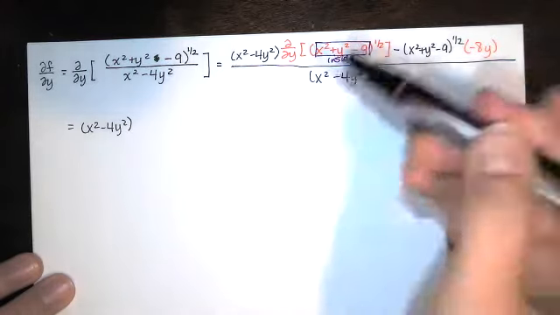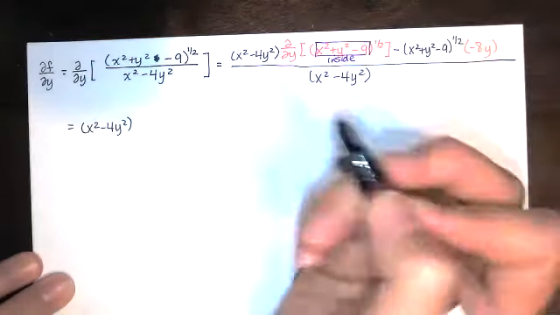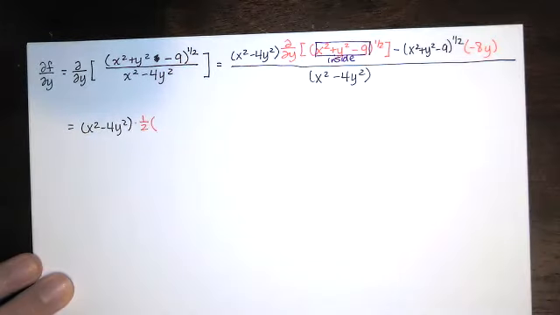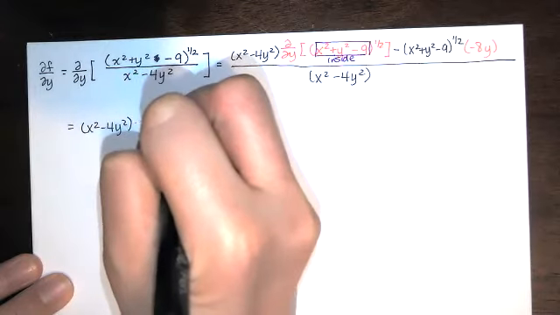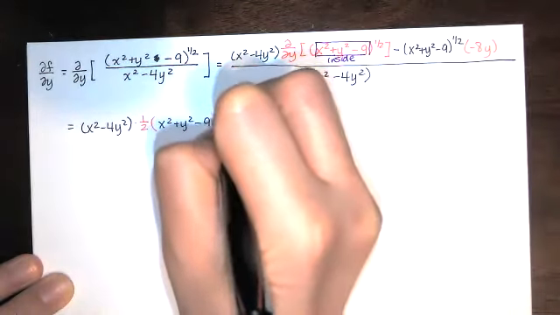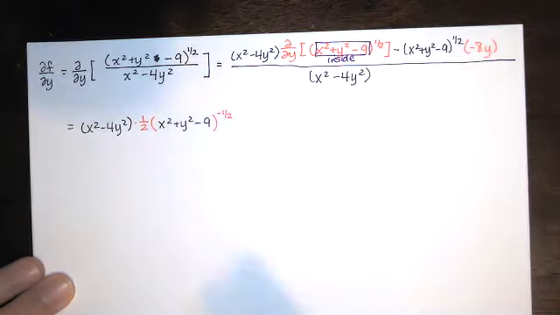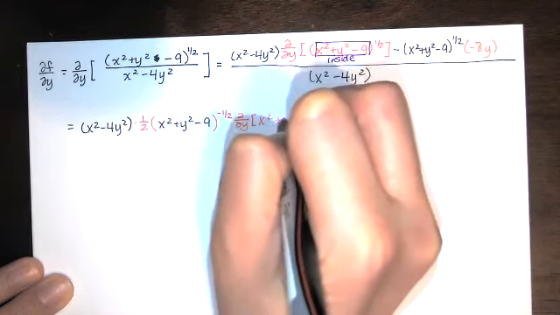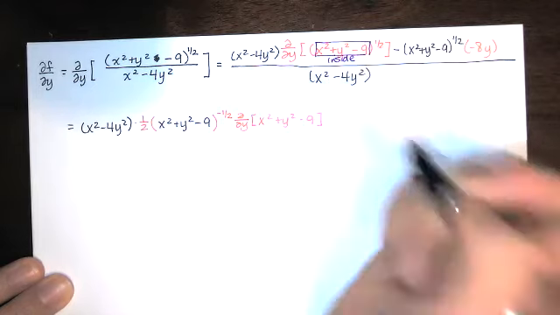The derivative of a function to the 1/2 is the derivative of the outside first. So 1/2 of that function to the negative 1/2. So derivative of the outside evaluated at the inside. So make sure you put that inside function back in. Times the derivative of the inside with respect to y, treating x as a constant by the chain rule.